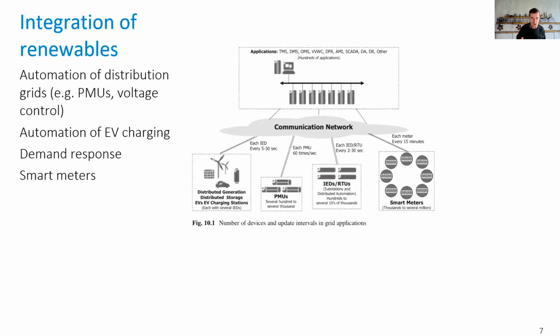Another example that is triggered by the integration of renewables is the end of the afternoon in Europe in summer. So in June, for example, on a sunny day, a large fraction of the energy, this is already happening in countries like Italy that has a large deployment of solar panels, a large fraction of the energy produced in June in the afternoon comes from solar panels.